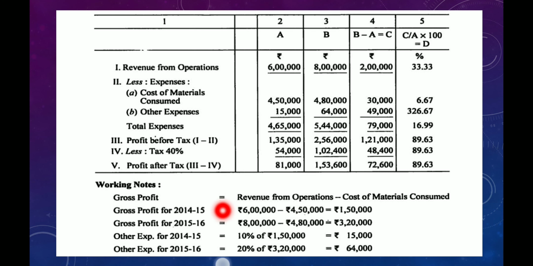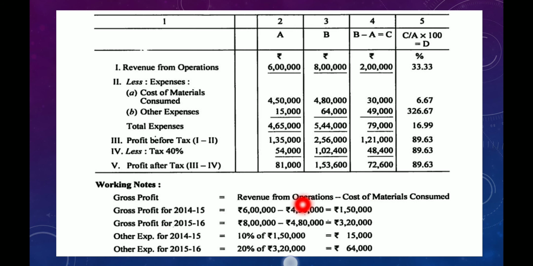And for the current year, 8 lakh less 4,80,000, that is cost of material consumed, already given in the question, and the gross profit is 3,20,000.